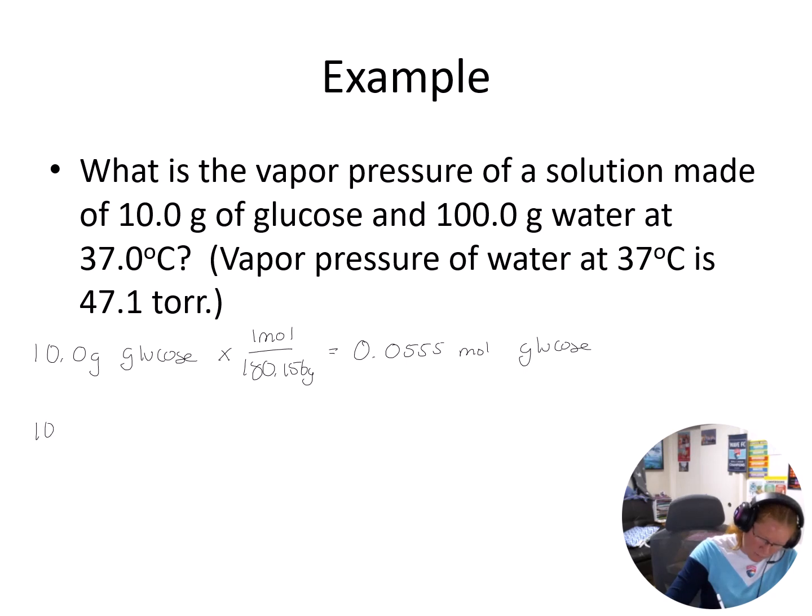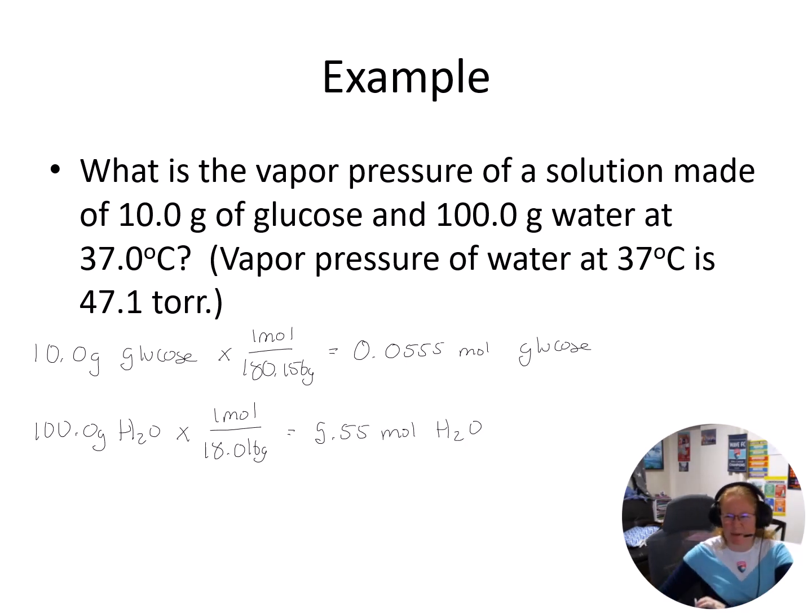And I have 100 grams of water, 1 mole per 18.016 grams gives me 5.55 moles. I know, the numbers are crazy because of those molar masses, 180 versus 18: numerically the same, but orders of magnitude different.